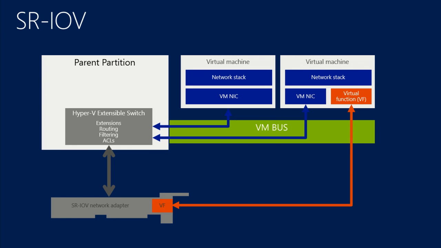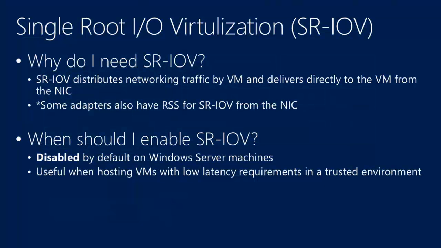So a lot of your port ACLs and filtering and monitoring is all done by your vSwitch. So SRIOV is only useful in a trusted environment. Otherwise, if you have multiple VMs and you don't trust them, you don't get that security that you would apply in the vSwitch.